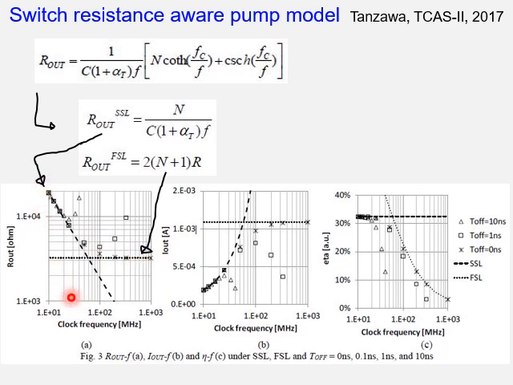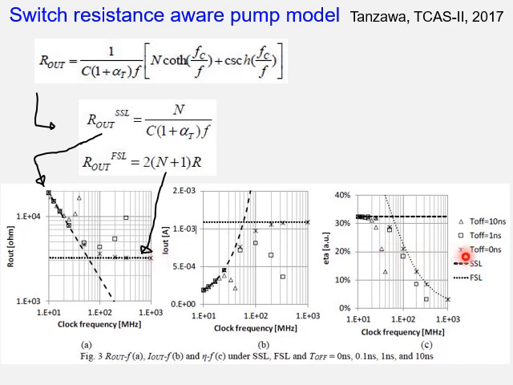And at the slow switching limit, the R out approaches the slow switching limit. And at the very high frequency, the R out approaches the fast switching limit R out.